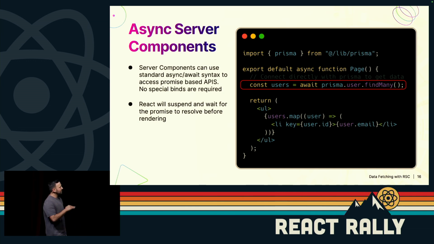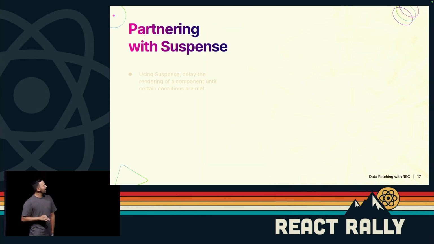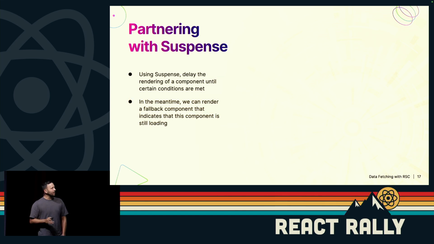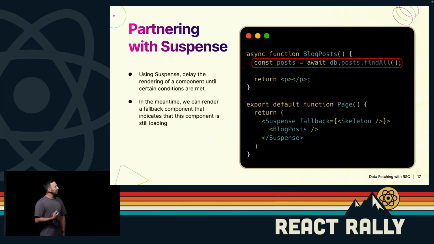And as I mentioned, React's going to suspend that UL and those users, that mapping of LIs, until that information comes back. And what's even cool is you can partner that with Suspense, so you don't have to do any kind of conditional rendering logic to show a loading spinner or some type of loading experience. So in this case, we've got blog posts, and it itself is going to be awaiting, grabbing posts from our database.